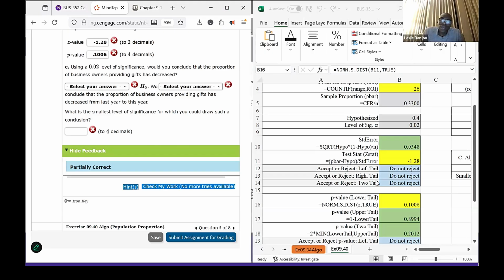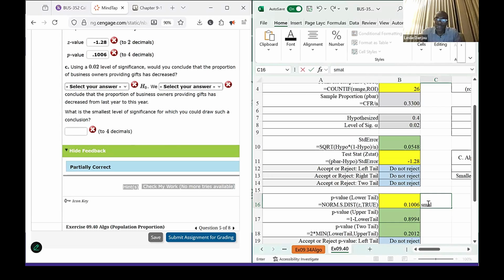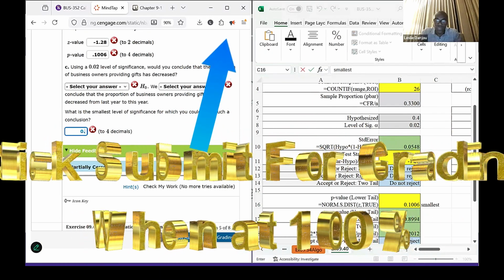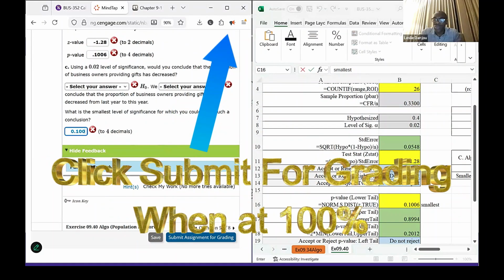Out of these three numbers, which one is your smallest? This one is your smallest. So I will put in that same number again, 0.100.